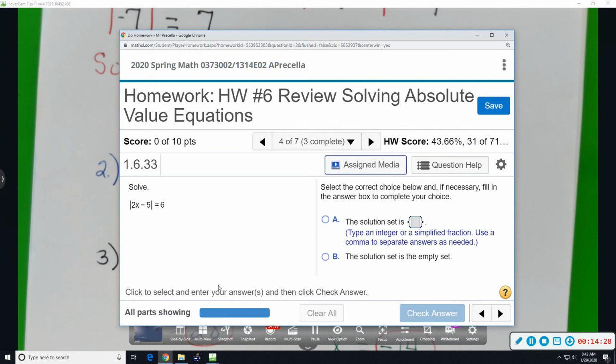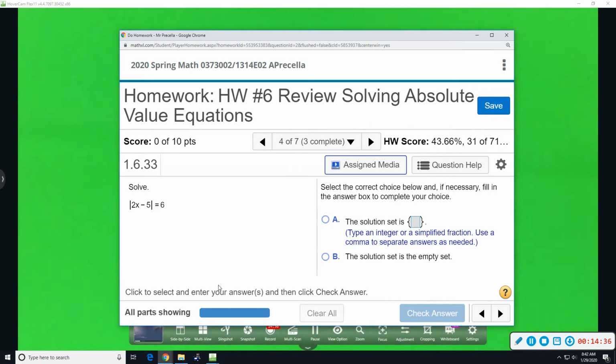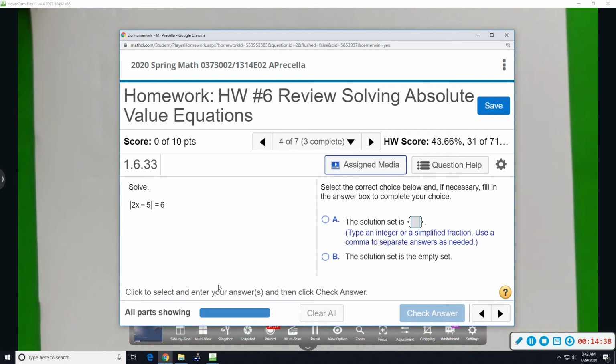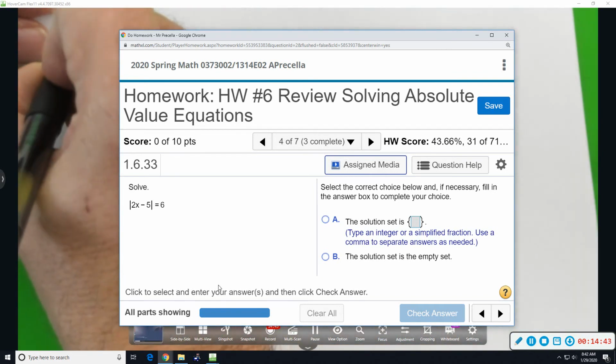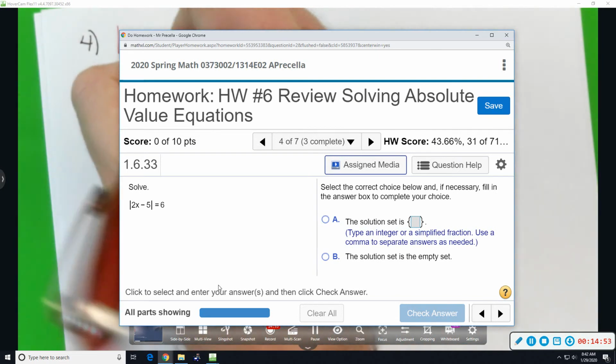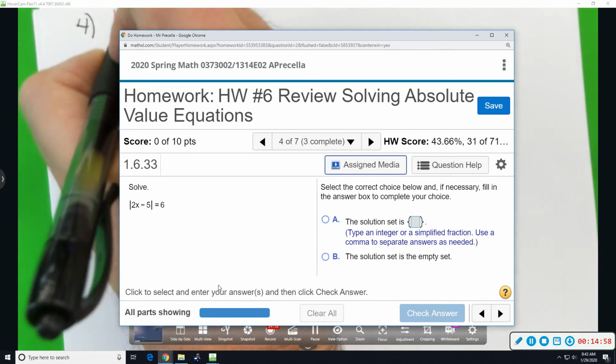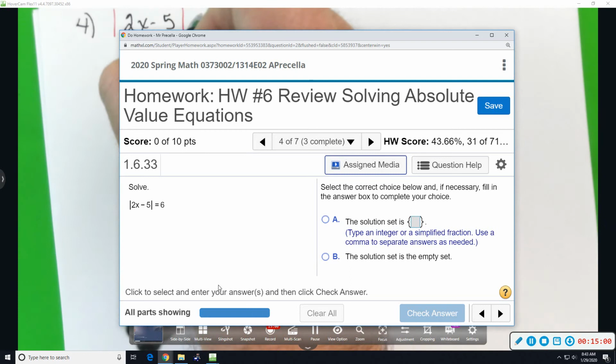Let's see. Let me write this one down. Let's see, it's number 4. 2x minus 5 equals 6.